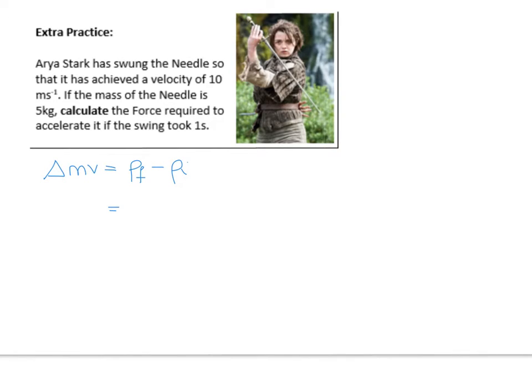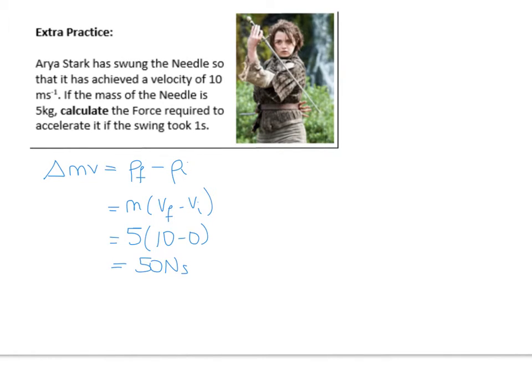So the final momentum is going to be mass times velocity, and it's going to be like that because the mass is the same for both. So it's going to be 5 kilograms times by 10 minus 0. So it's going to be 50 Newton seconds.